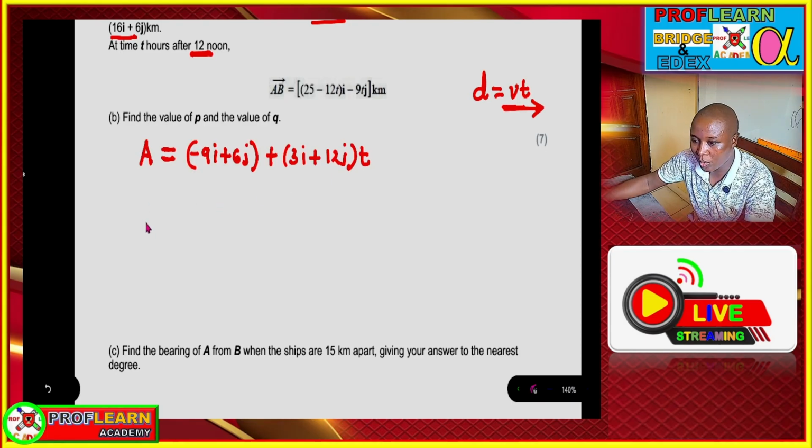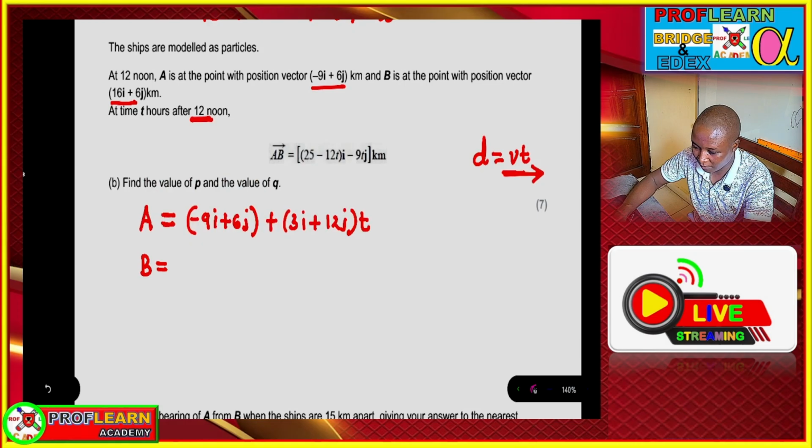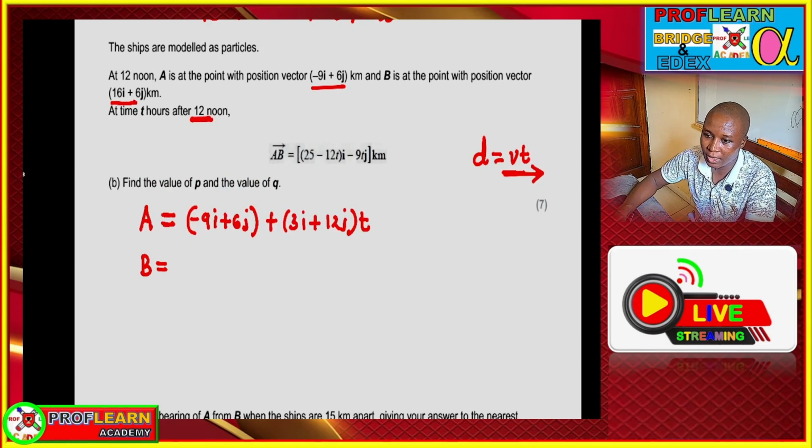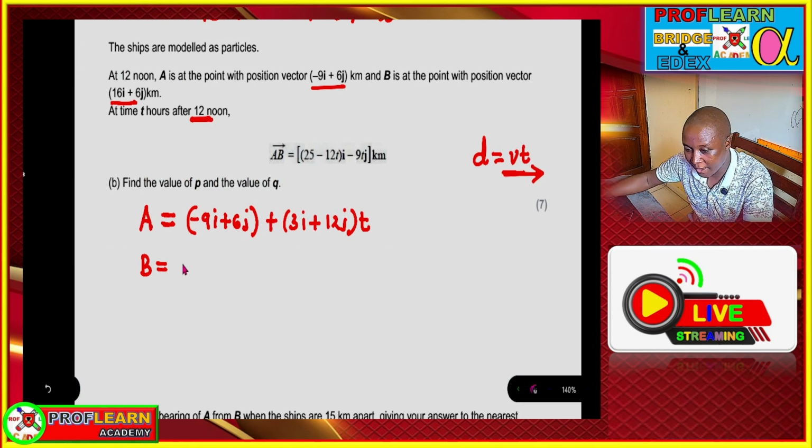Then we need also to look for the position of B after the time t seconds. But we have to consider where it is currently. This currently is at the point 16i plus 6j. Now after some time it will have moved some displacement.